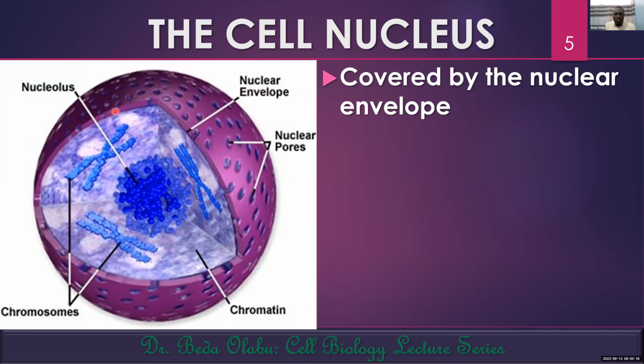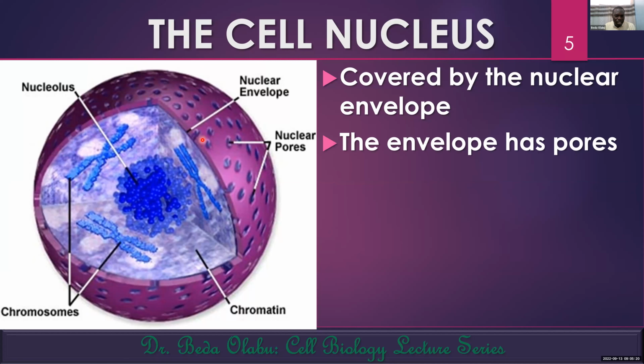This nuclear envelope has some holes within it that allow passage of some substances, some particles pass through the nuclear pores. Some of the substances may be coming from the cytoplasm to enter the nucleus, or they could be coming from the nucleus and enter the cytoplasm.